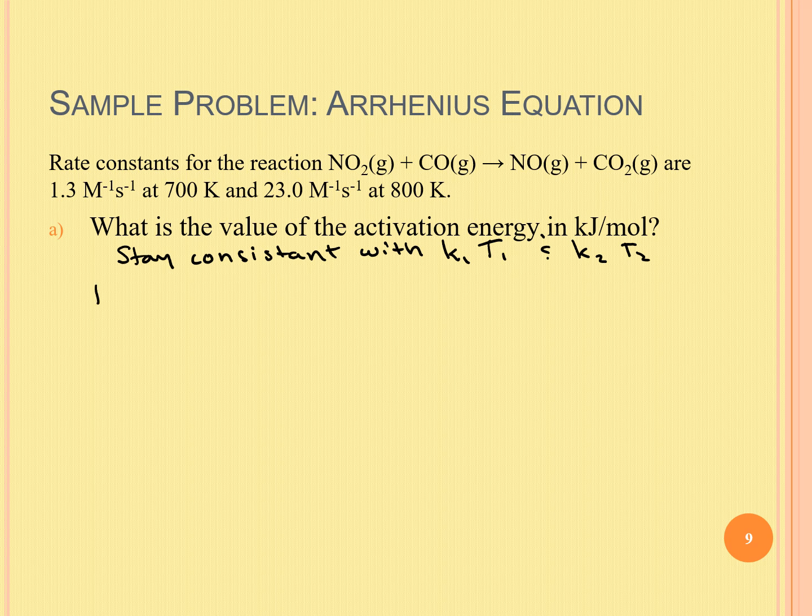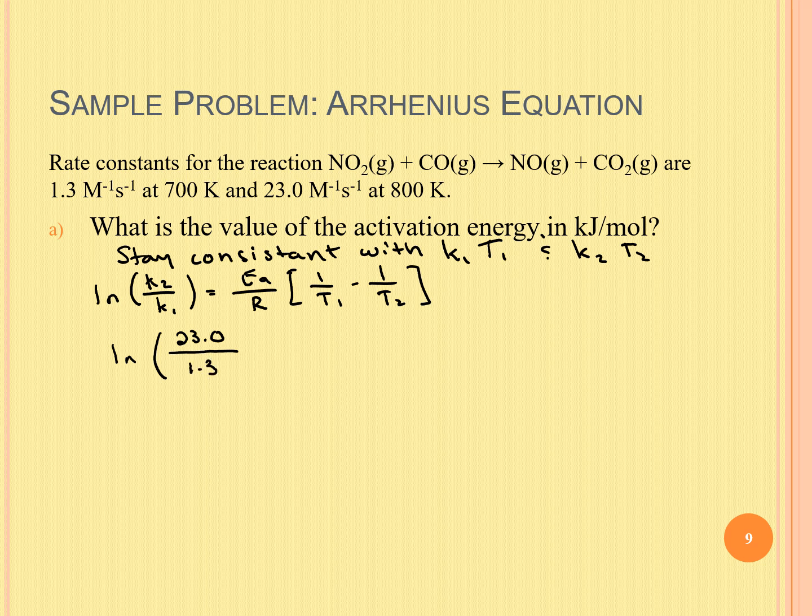So we have our Clausius-Clapeyron equation. We're going to write that out. It does not matter which one you call K1 or K2. I like to have the larger K value be K2 if I get a choice in the matter, so I'm going to do that. I'm going to say this is 23.0, and K1 then has to be the other one, which was 1.3. That is equal to our activation energy.